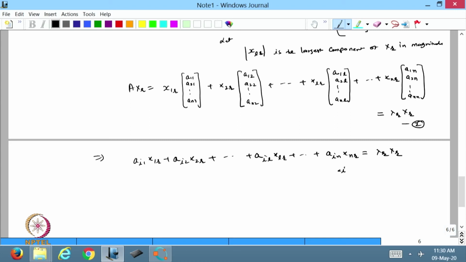So, i is moving from 1 to n and r is also moving from 1 to n. This we have taken corresponding to lambda r. We will consider it only up to this. This is true for all of these, and that is equation number 3.